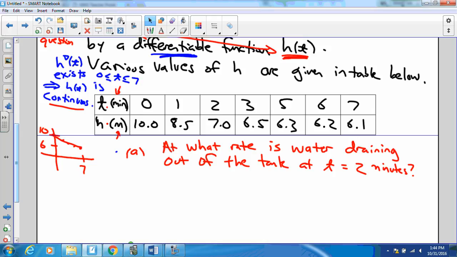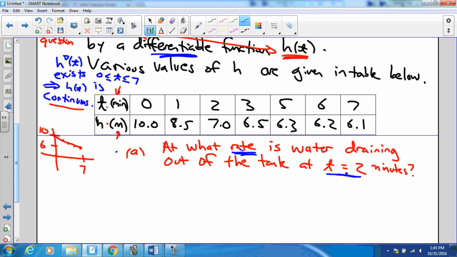Okay. Now, first of all, we need to translate the question into math. I need to know what math thing I'm trying to find here. And my eye is drawn to the fact that they're asking me about a rate at a specific time. How do we spell rate of change in calculus? Exactly, the derivative. I am looking for the instantaneous rate.